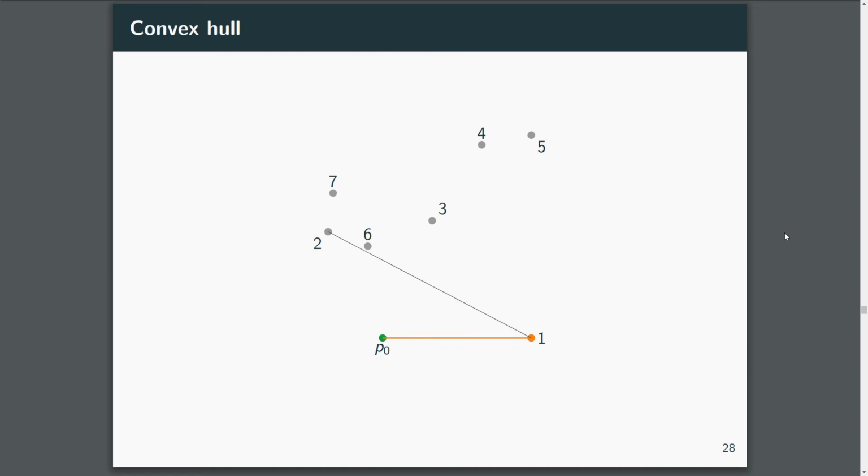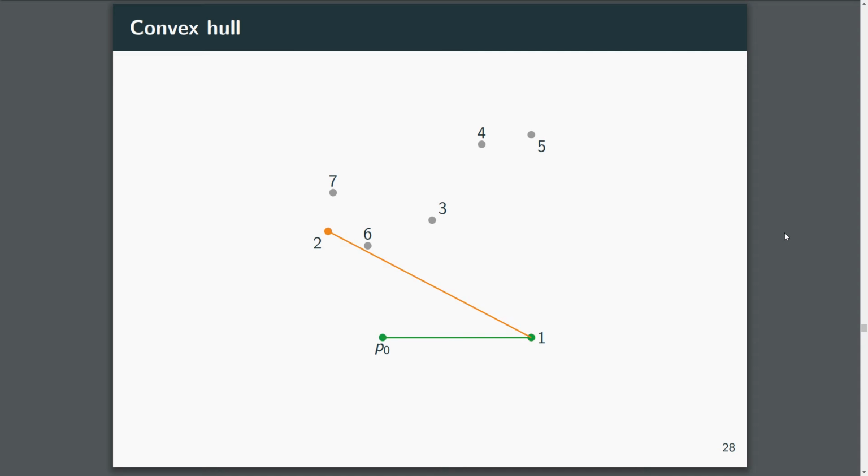And then we test, okay, can we form a clockwise angle with PI? This is counterclockwise, so it's not better. Counterclockwise, counterclockwise, counterclockwise, counterclockwise, and counterclockwise. Okay, so this is all counterclockwise. And therefore 1 is the best value we found. And we add P0 to our set and move on to the next point.